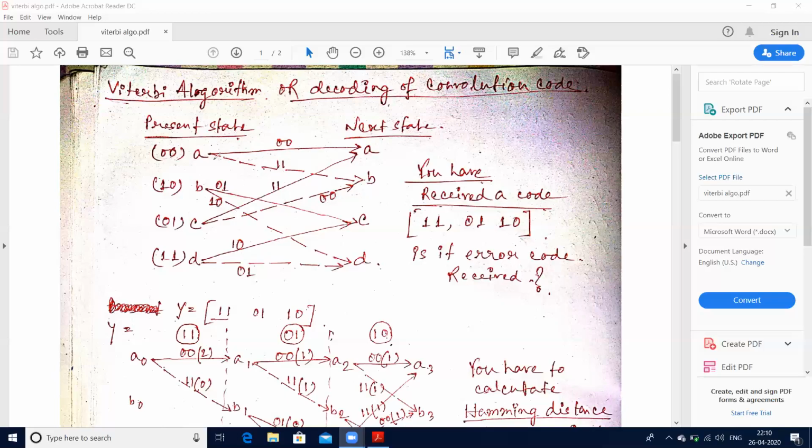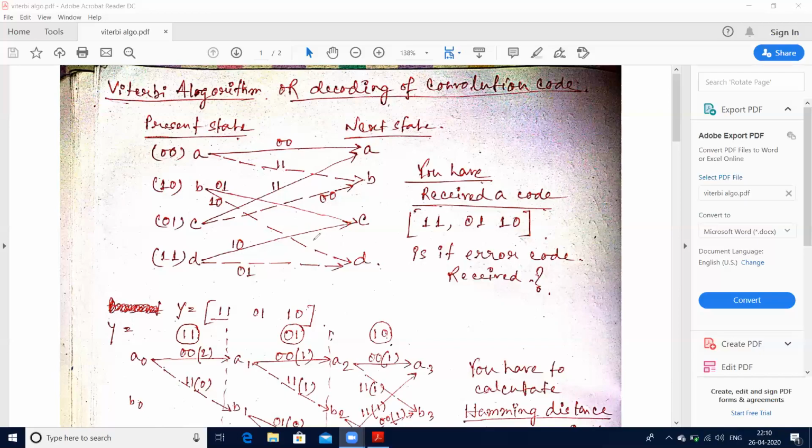If we assume 0 as input, the output is 0, 0. If we assume 1 is the input, then 1, 1 is the output. So I've just written the outputs on the directional arrows. This is depicted from the previous lecture's code trellis diagram, and we will use these outputs in the Viterbi algorithm.